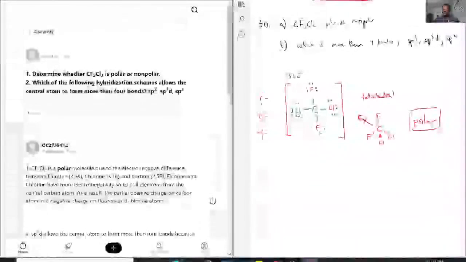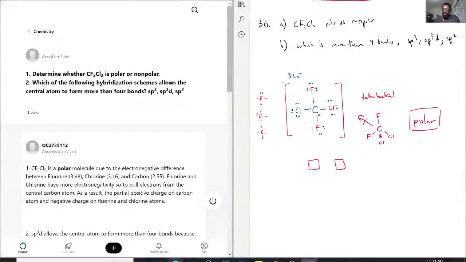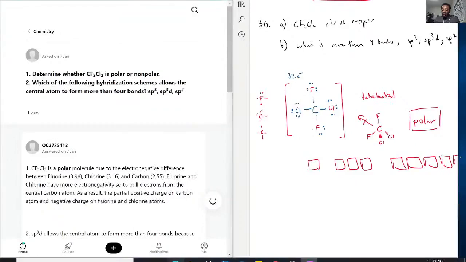So now the next part is asking, which of these is more than 4 bonds? sp3, sp3d, and sp2. So for this, we need to know what that even means, okay? So this would be an s orbital, this would be a p orbital, this would be a d orbital, okay?